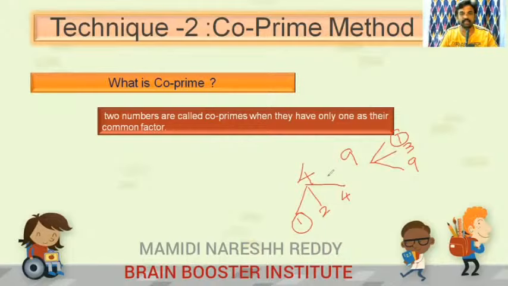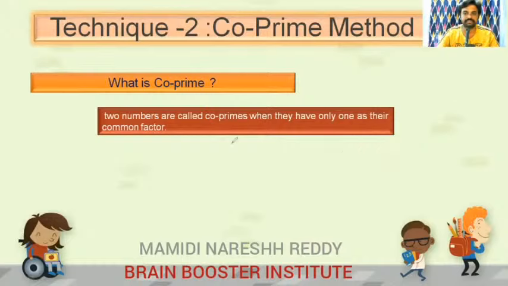Got the point? In the given problem, if there is a need of finding the LCM of co-primes, what would be the technique? Let's see one example of finding the LCM.